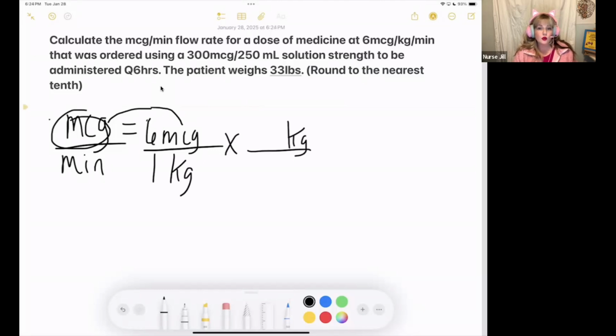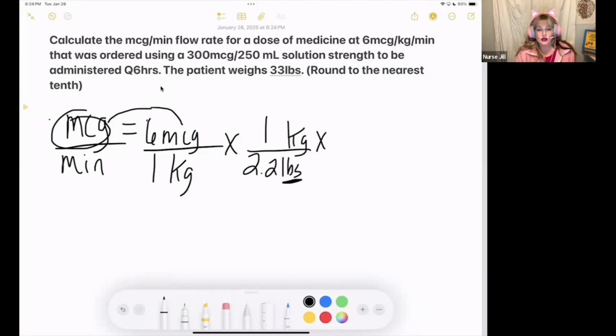Well, we look for another weight component in our question, and we have that the patient weighs 33 pounds. So if you want to do your conversion separately and say 33 divided by 2.2, you can certainly do that. For simplicity's sake, I am just going to put that conversion in my equation, and we're going to say 1 kg is equivalent to 2.2 pounds.